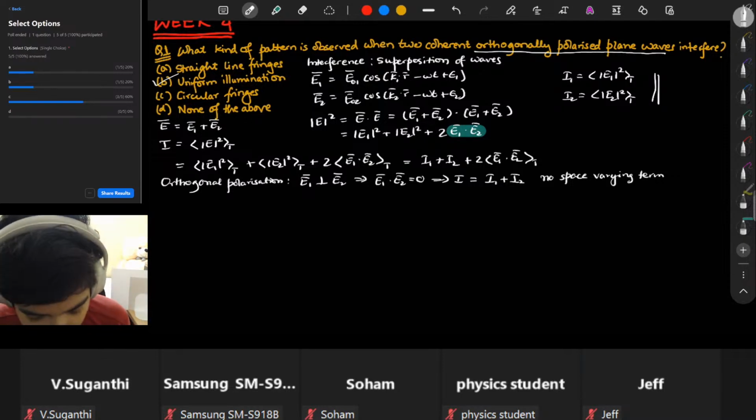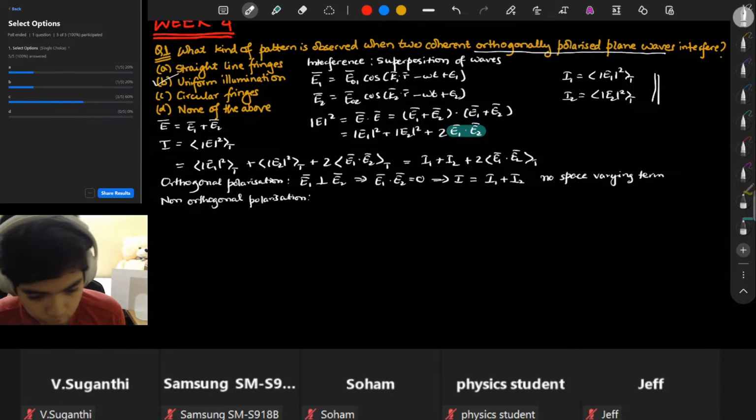Now let us consider the general case of non-orthogonal polarization. So in this case, E1 dot E2 will not be equal to 0. Then what will it be?